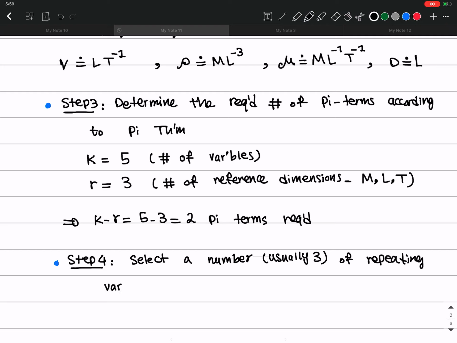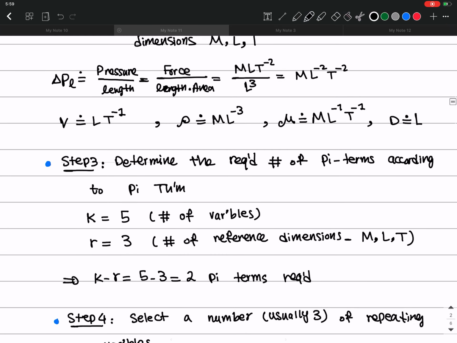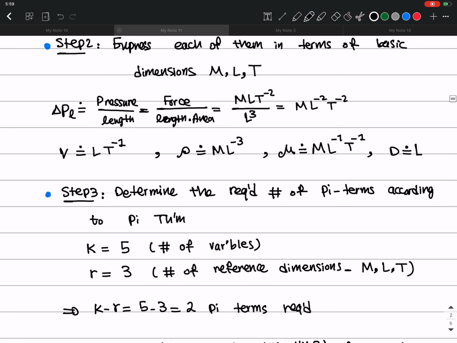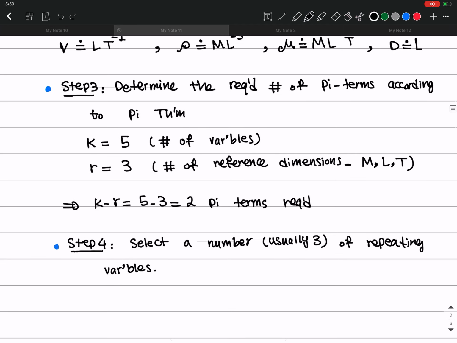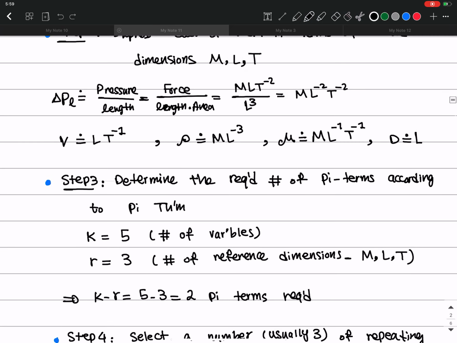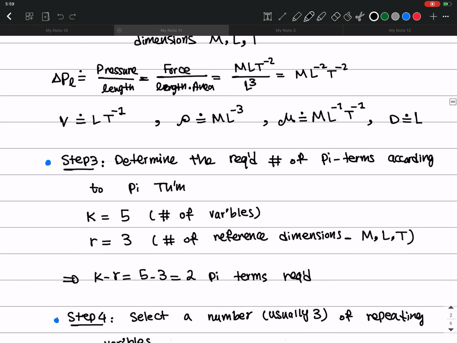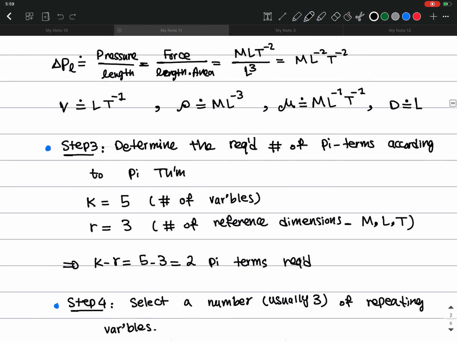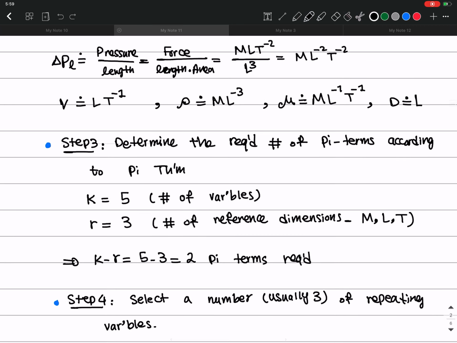Why is it usually 3? Because of the dimensions. In this set of problems, we have 3 main basic dimensions, MLT, and so we typically use 3 repeating variables, okay? But we want to use repeating variables such that each of them has at least one different dimension, so we account for all 3 basic dimensions using these variables, okay?